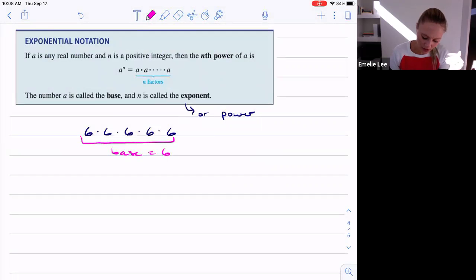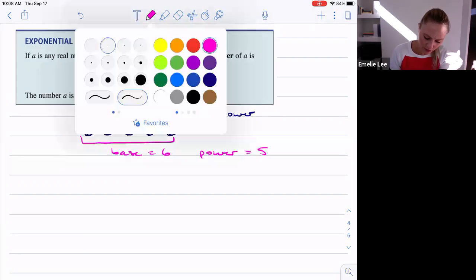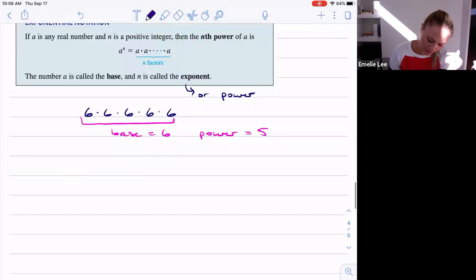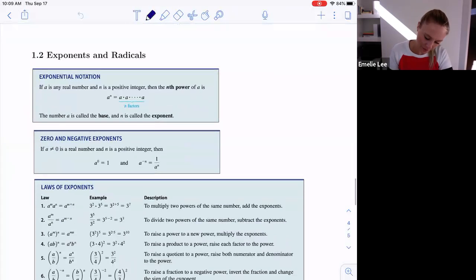And then 1, 2, 3, 4, 5, the power is 5. So we rewrite this as 6 to the power of 5. So hopefully that's ringing some bells.